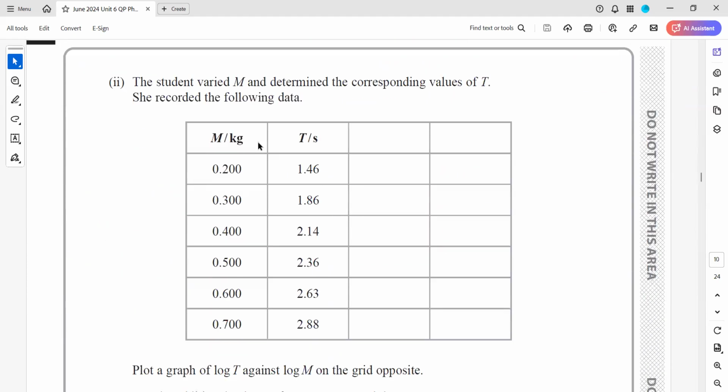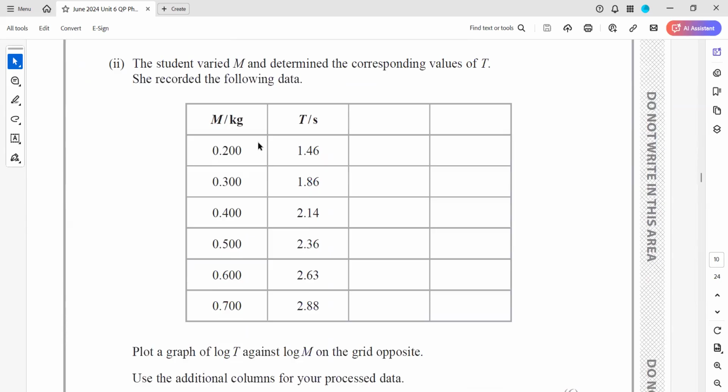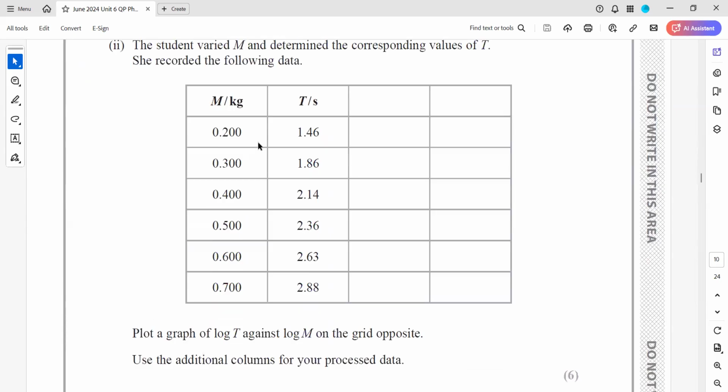Then the student varied the mass and time and plotted a graph for log T and log m. So this will be log T and this will be log m.